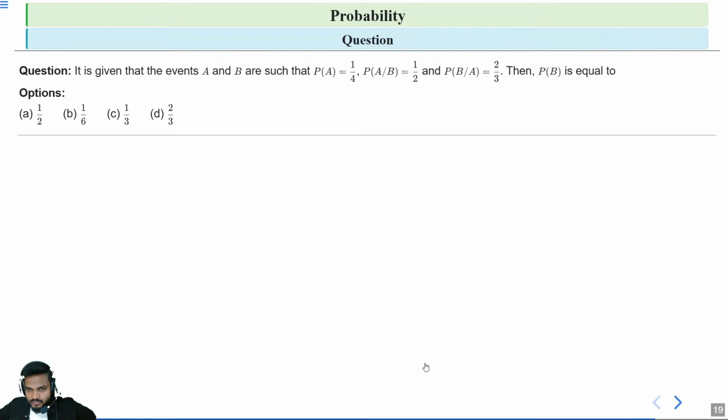So try this question. Varsha, which option is correct?